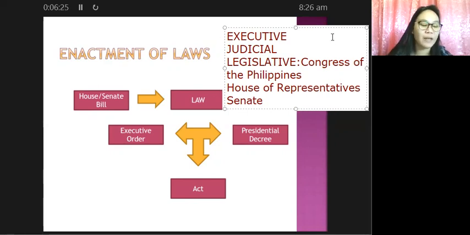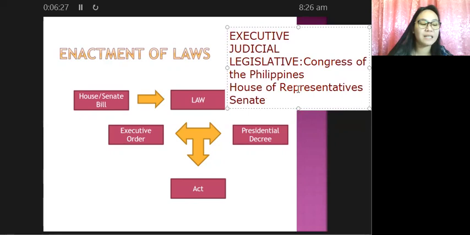Take note that the legislative branch of the government, particularly the Congress of the Philippines, is vested with legislative power.